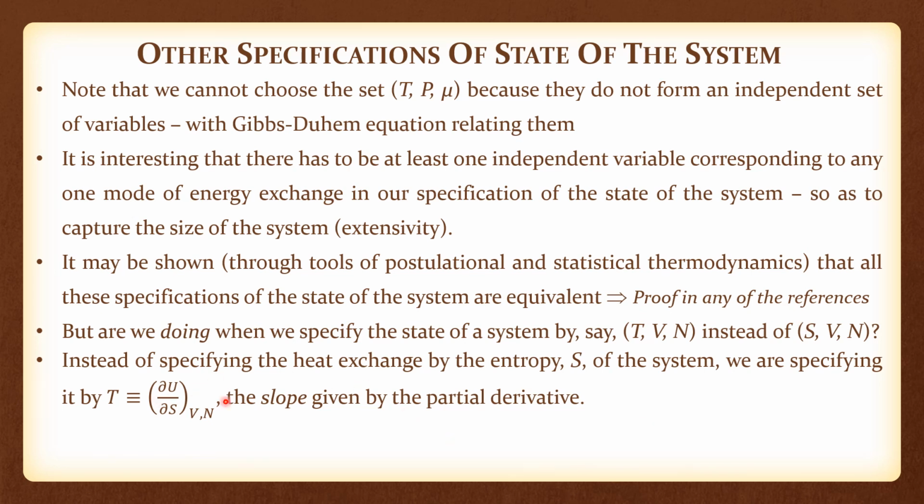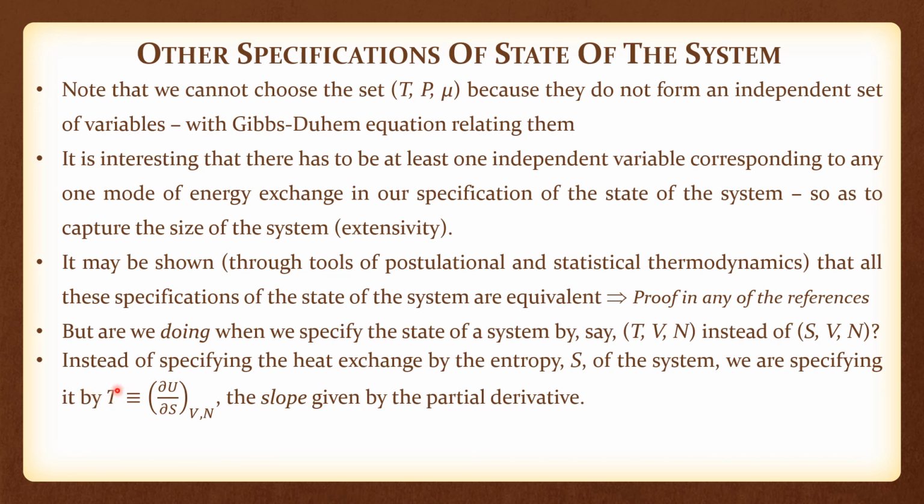But from a mathematical standpoint, I am replacing an extensive independent variable by the intensive partial derivative, which is the slope. So let us see how to go about doing this transform from one variable being the independent variable to another variable being the independent variable.